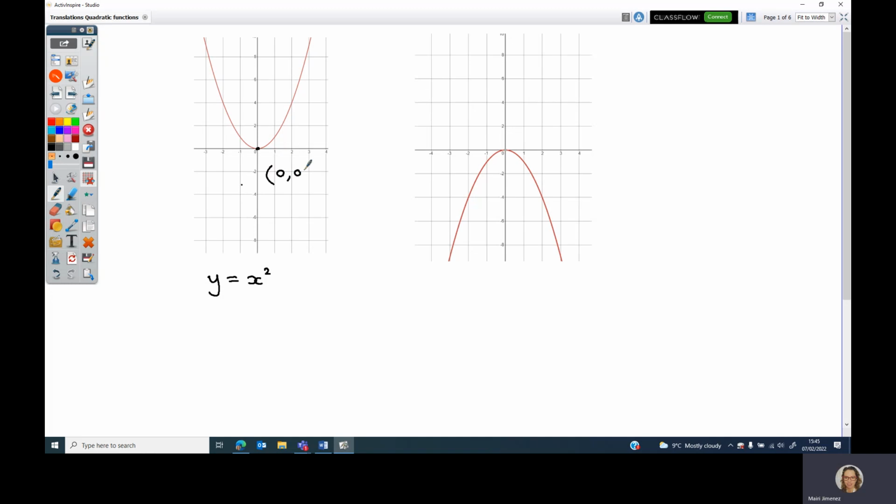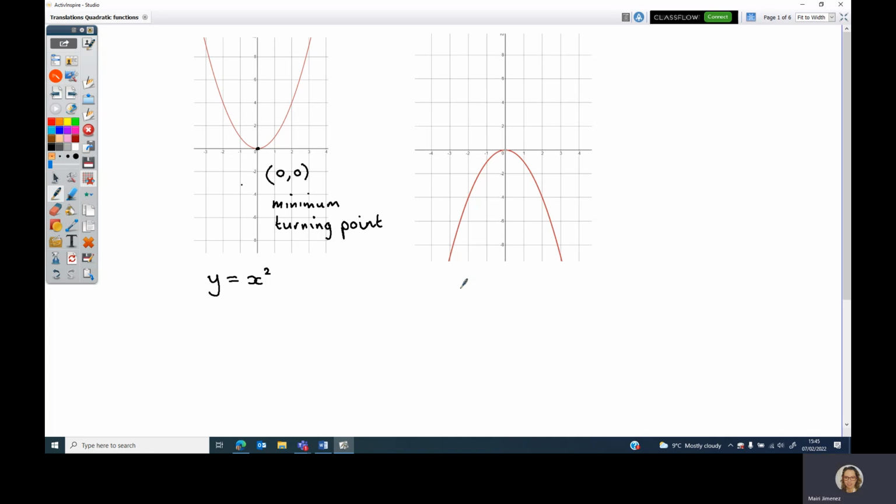The coordinate 0, 0 is called the minimum turning point. That's because the parabola goes down, reaches the bottom at 0, 0 and starts going back up again.